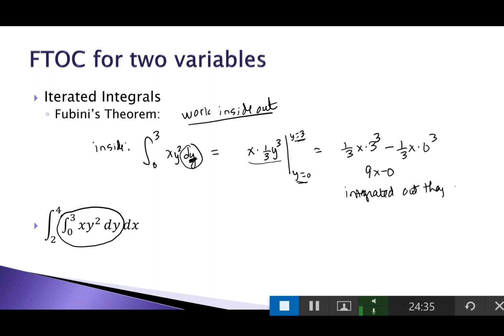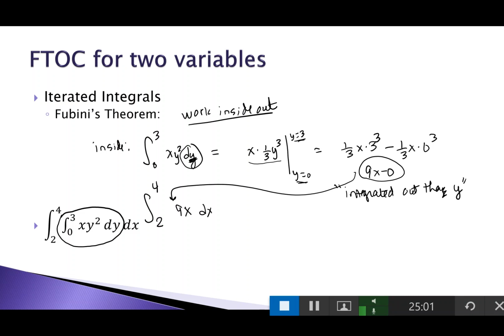That's how we say it. Or I've integrated the y out. All right? So then when I go to my next step, now, instead of having xy squared dy, I just have 9x dx, because that was what was left over after I did my inside integral.